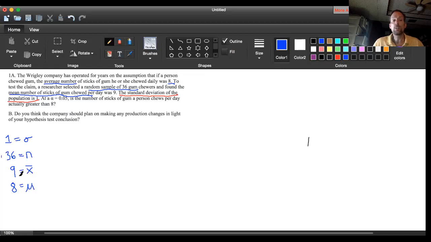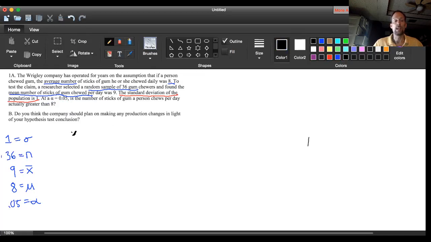And the only other information that they gave me inside the question was the 0.05, which is right down here. And the 0.05 is mentioned right with alpha, so I'm going to label that as my alpha level. And now I have all the information that I need to start my null hypothesis and my alternative hypothesis.